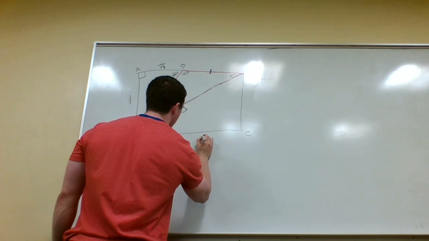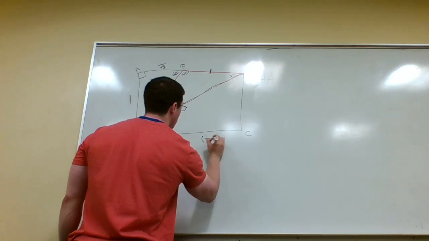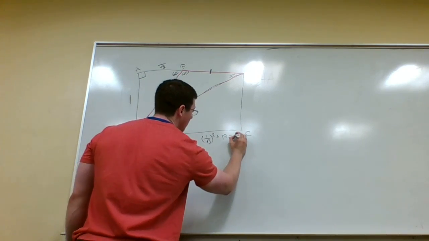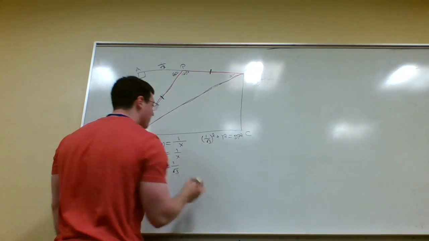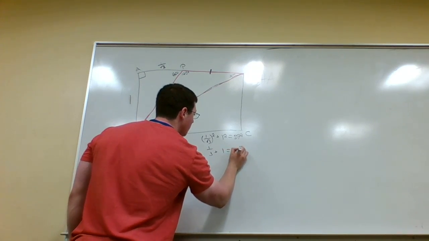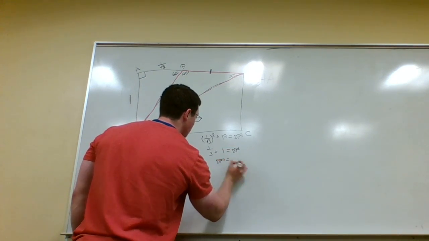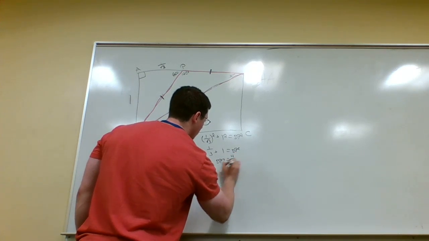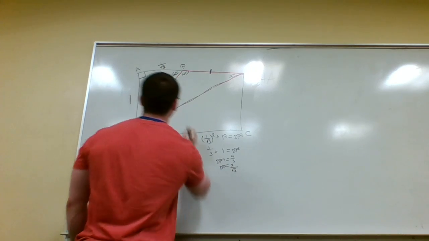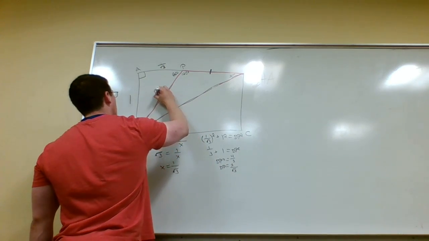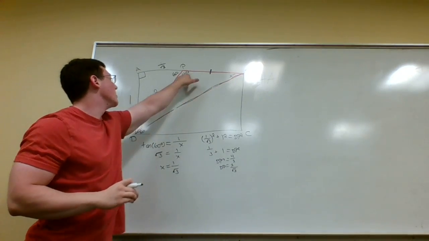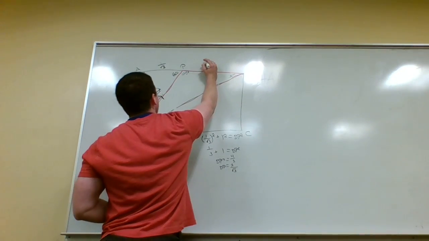So you have 1 over the square root of 3 squared plus 1 squared equals DP squared. 1 over 3 plus 1 equals DP squared, which means DP squared is equal to 4 over 3. So DP is 2 over the square root of 3. And because these 2 angles are the same, the 30 and 30, you know that PB is also 2 over the square root of 3.